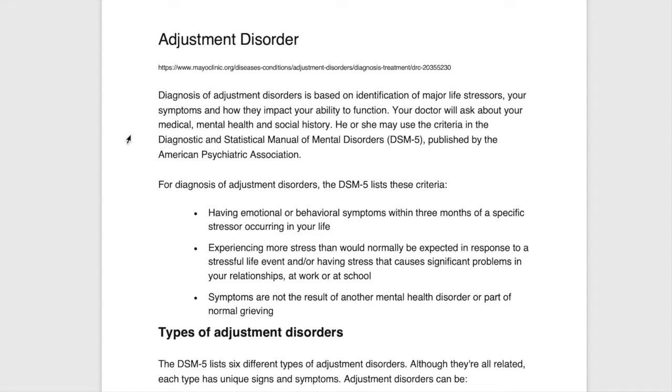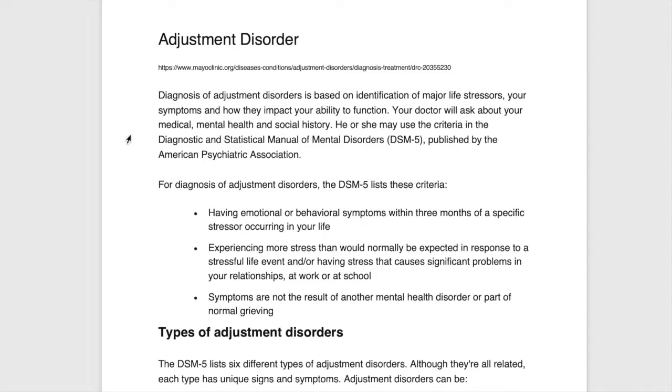The diagnosis of adjustment disorder really comes from somebody experiencing some sort of emotional or behavioral reaction or symptoms within 3 months of a stressor that has happened in somebody's life. This stress is a lot stronger than would typically or normally be expected in that individual's response.